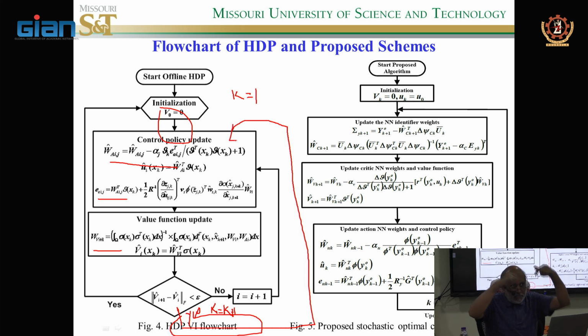Okay? So k is the time, i is the iteration. So remember I told you, you hold the time in a sampling interval, you iterate it till it converges. Then once it converges, then you increment the time, k equal to k plus 1. And then again you go back and do the iterations.